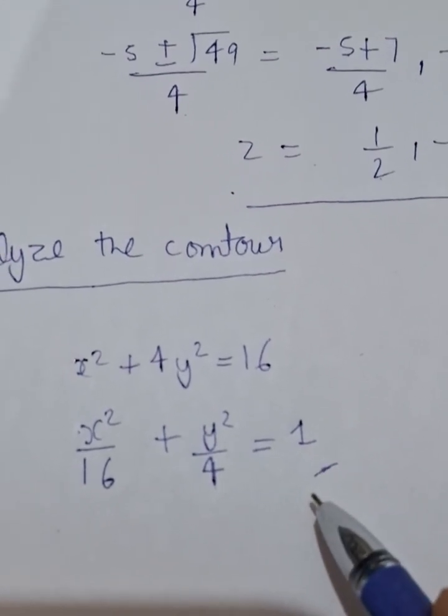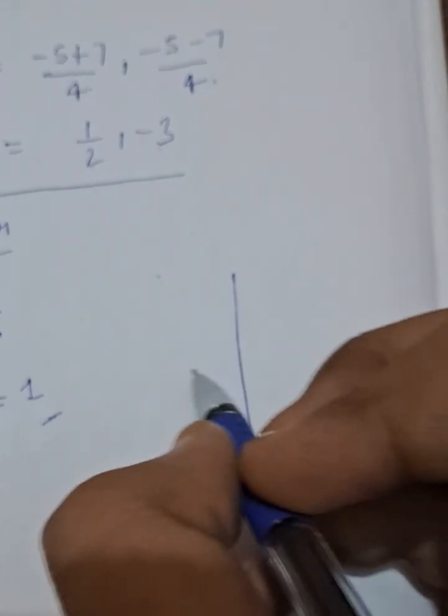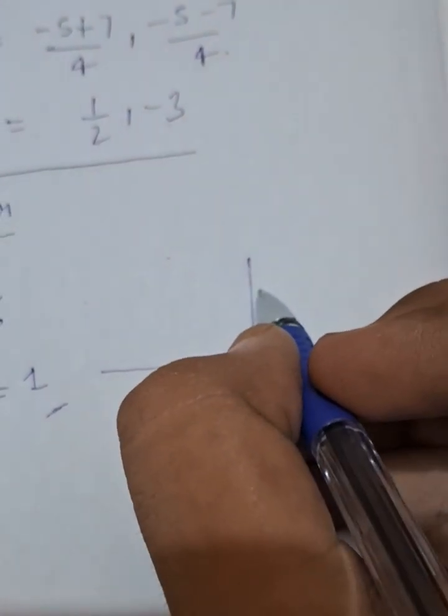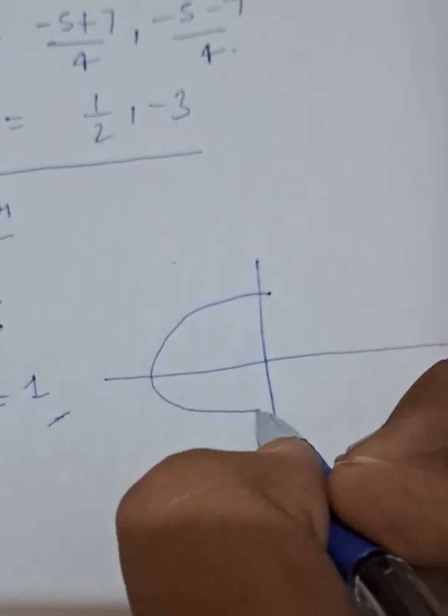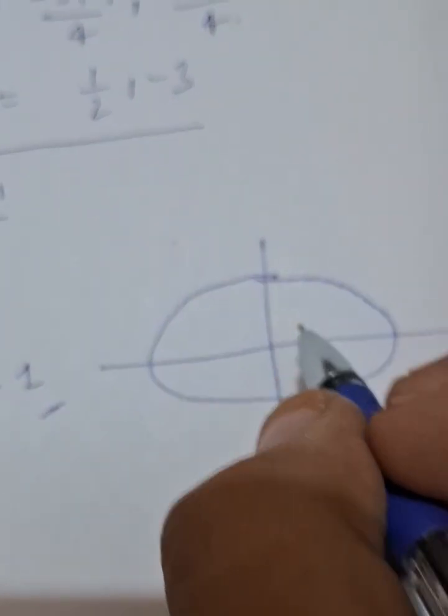Now if we try to draw the ellipse, this is the kind of figure which is constructed.